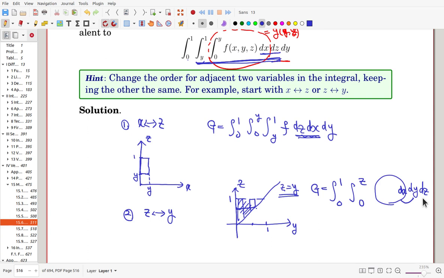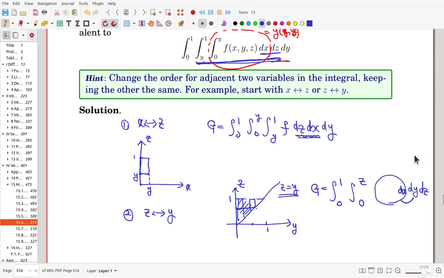This is how you change the order of integration. The hint is to change the order of two adjacent variables in the integral, keeping the others the same. So we only change the order for these two, z and y, and after that you can change again, and then you can get all of them.